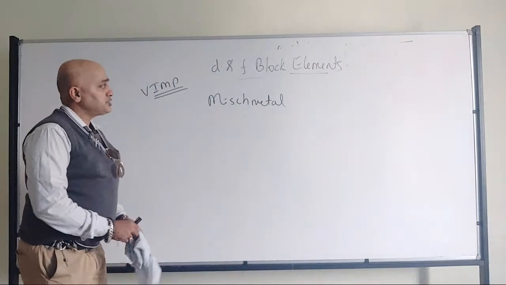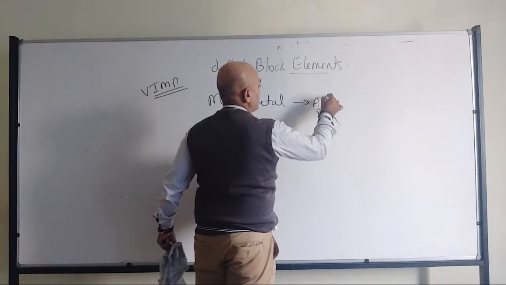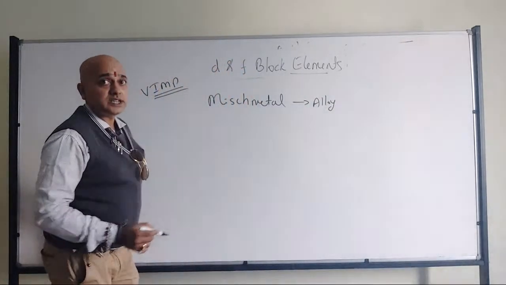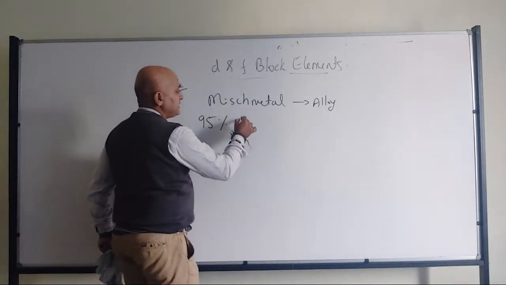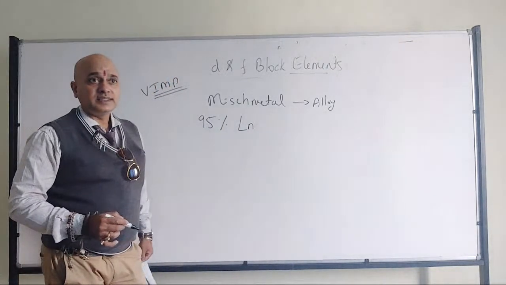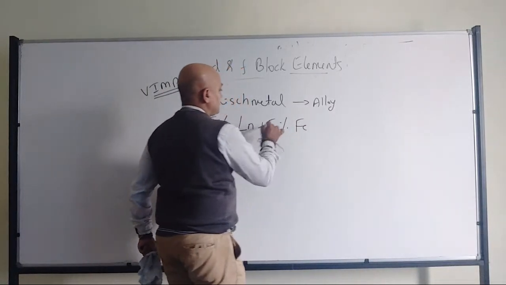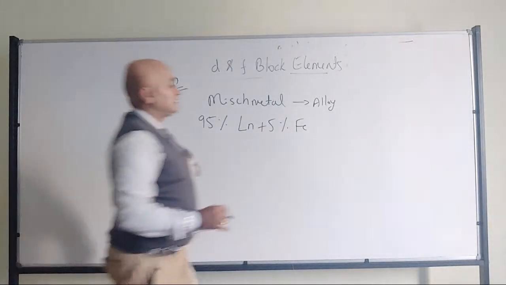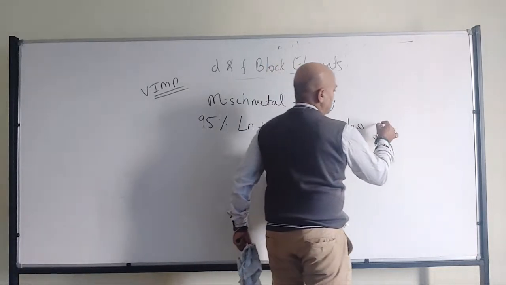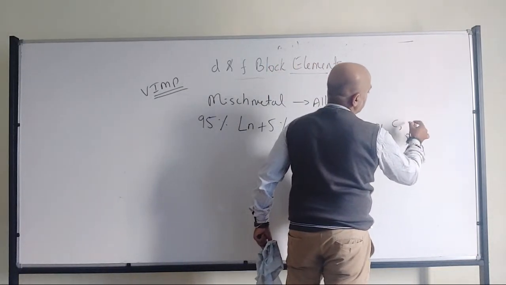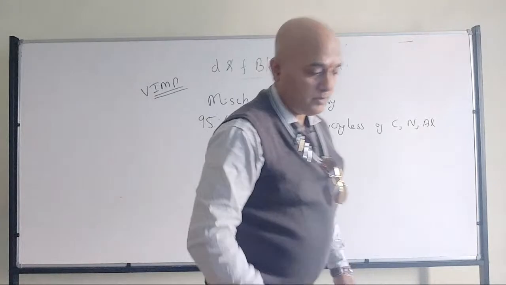Okay, so mish metal is an alloy which is composed of, and many times they have asked this even in competitive exams, 95% lanthanides, 5% iron, then very less, negligible amounts of carbon, nitrogen, aluminium, like this we have the combination of some of the elements.